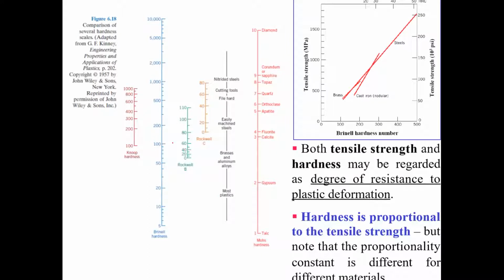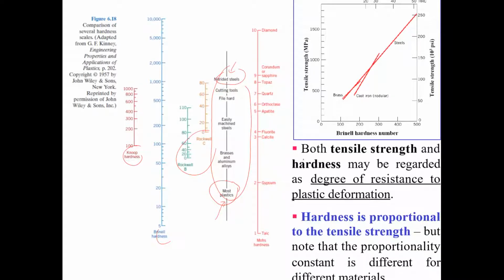These are some example comparisons between a few types of hardness testing, which we have here: Knoop hardness, Brinell hardness, and also Rockwell. These are the materials here. You can see the highest hardness of material is nitrided steel, and the lowest one is most plastic, which is a polymer material, whereby this polymer material does not really resist plastic deformation because it's easy to deform. That's why the hardness of this plastic is the lowest one.